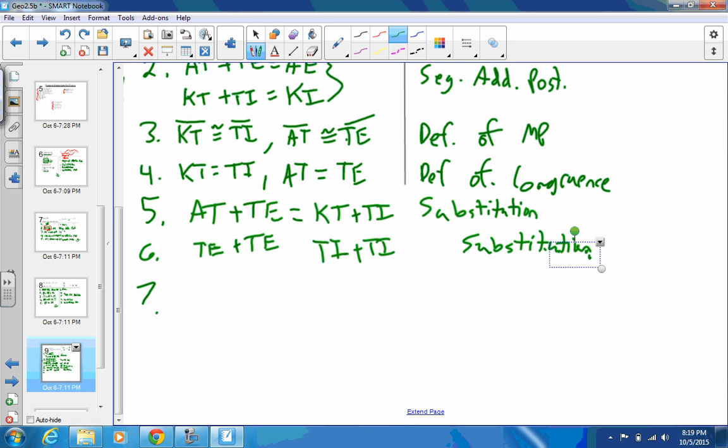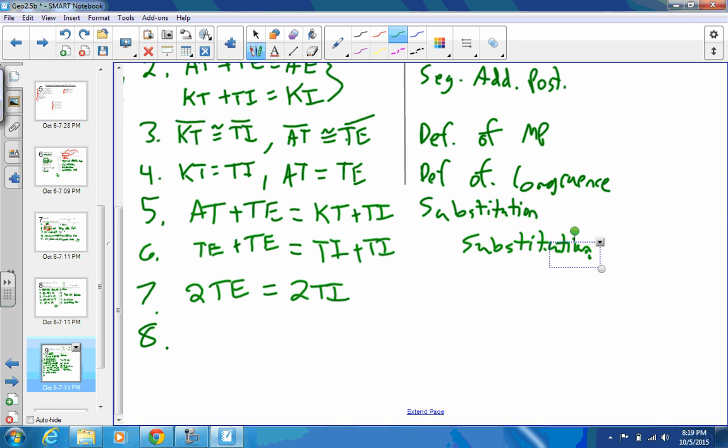Step 7. We have 2TE equal to 2TI. Just by adding those together, that would be segment addition, I guess, or just simplifying things.